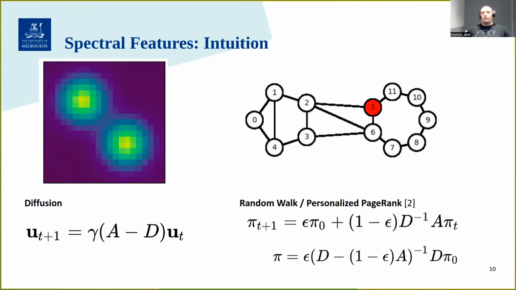Another problem that you have used the solution to plenty of times is what we call random walk or personalized page rank. The name page rank comes from Larry Page, the guy who started Google. So if you've Googled something, you've probably used something like personalized page rank.